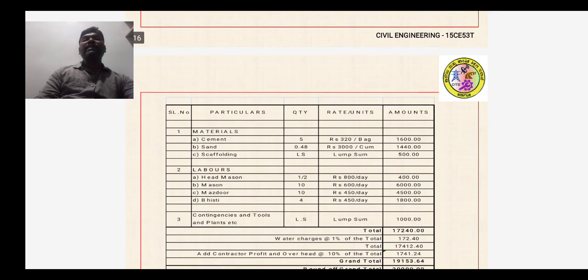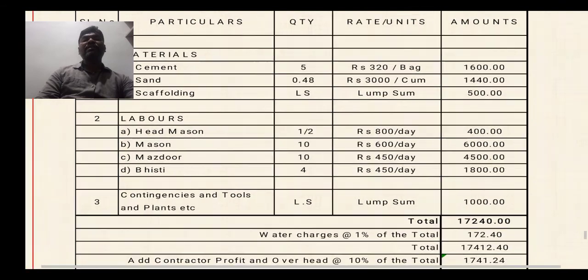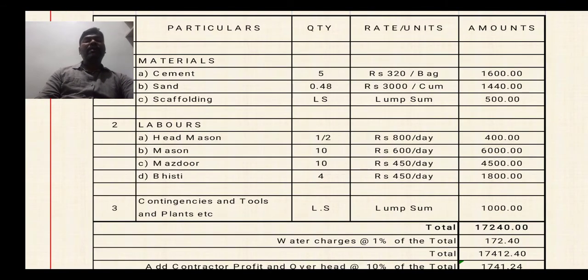In the tabular column we mention material, labor and tools and plants. First one is material: cement 5 bags, sand 0.48 cubic meter, and scaffolding. Cement present rate is 320 per bag, we multiply 5 into 320, around 1600.